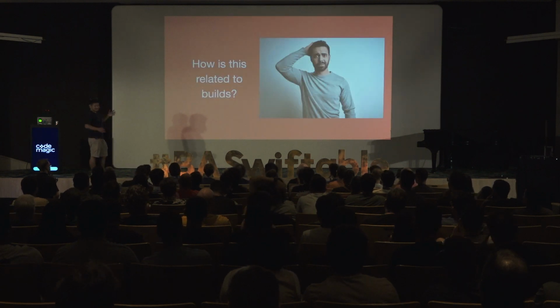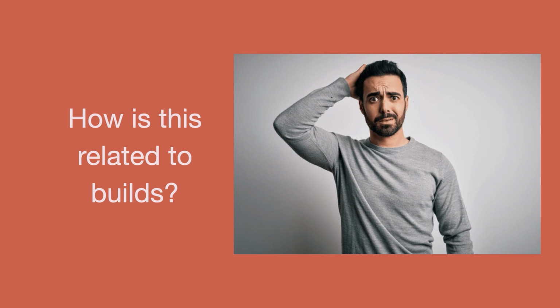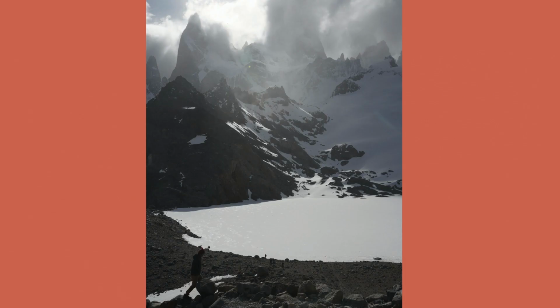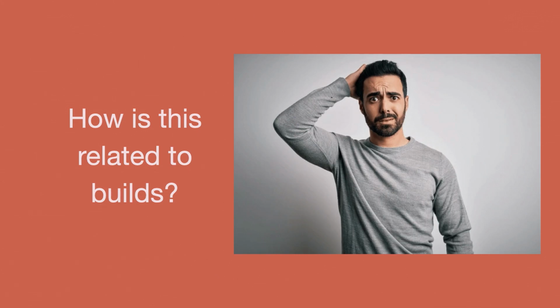But how is this even related to builds, right? It's very random. Well, at Pinterest, we started investing very heavily in builds a few years ago. And once you start to focus on an area, you start collecting metrics, right? Otherwise, how do you know you're doing well or not?